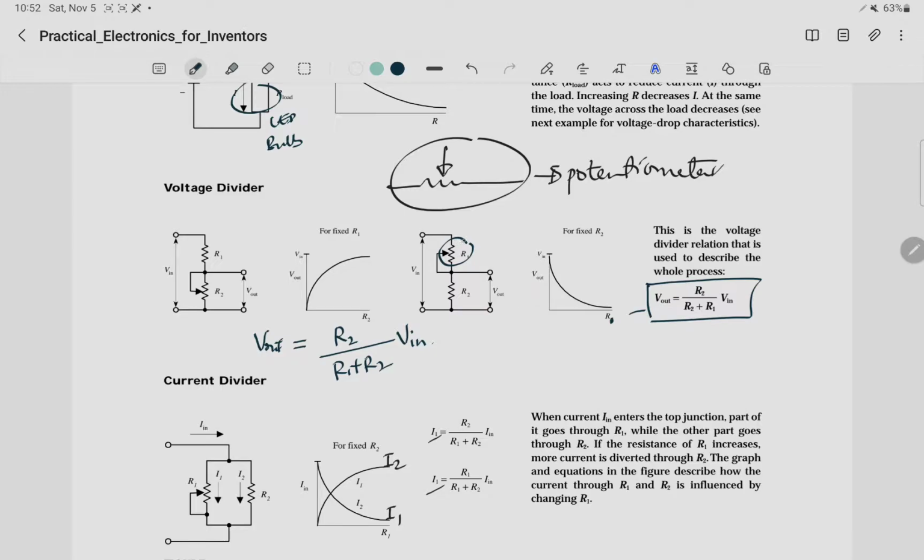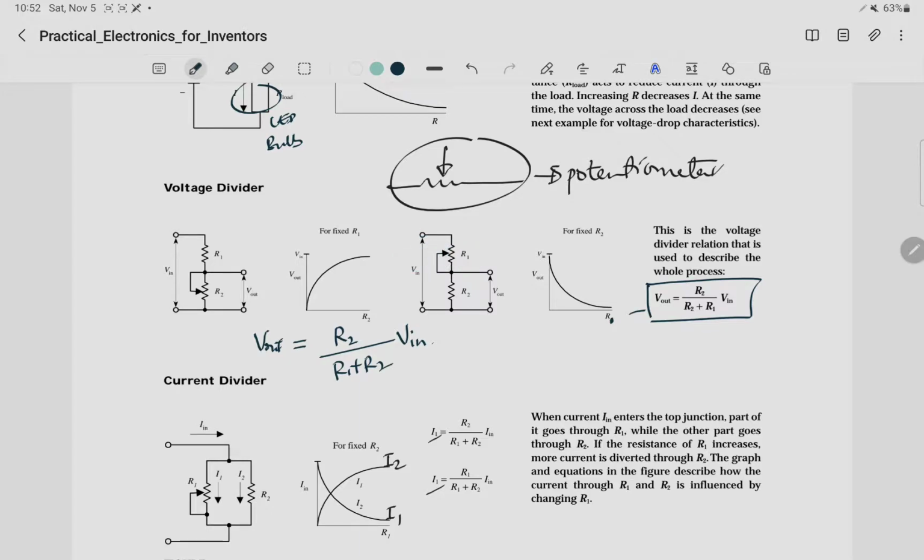As you're increasing this resistance, there will be more voltage needed. Remember, the voltage drop across here plus the voltage drop here should be able to give you this. So now if you keep increasing this resistance, more voltage will be needed to push the electrons through this resistor, and so the voltage here will decrease. More energy will be sent here in order to overcome this higher resistance.